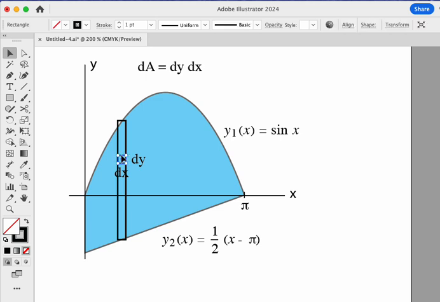So this guy, I'm going to imagine integrating from there to there. Okay.